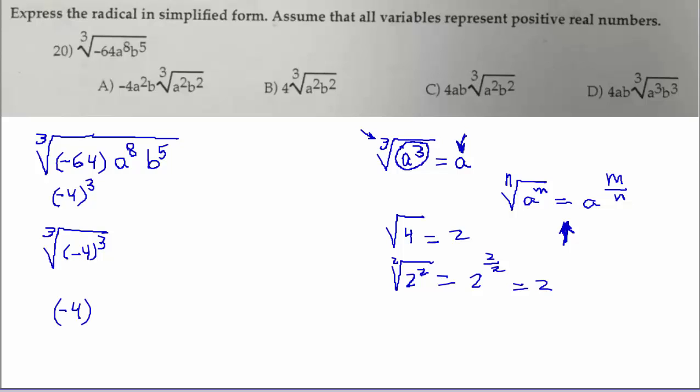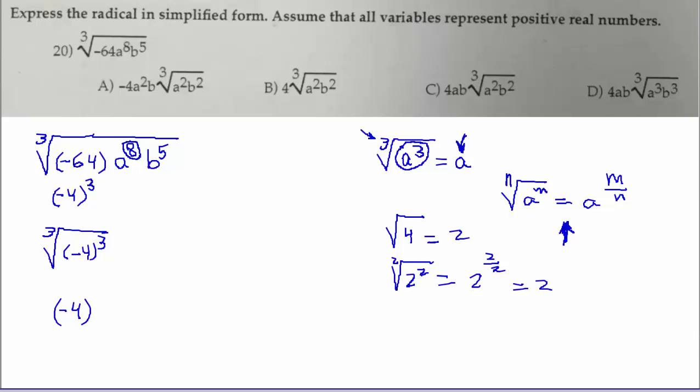Okay, so let's take a look at the next one. Is 8 a multiple of 3? No. We cannot divide 3 into 8, right? But a portion of this is a multiple of 3.